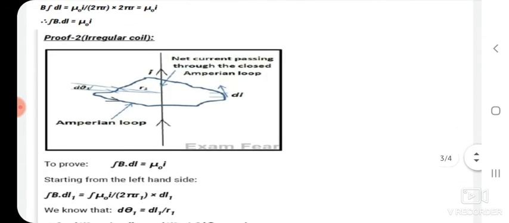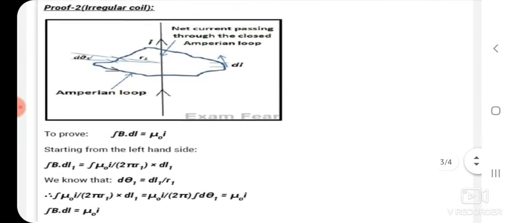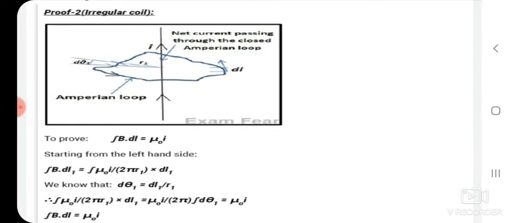Now if we consider an irregular coil, the same case, integral B dl is equal to mu naught times I. Starting from the left hand side, integral B dl1 is equal to mu naught I by 2 pi r1 into dl1.